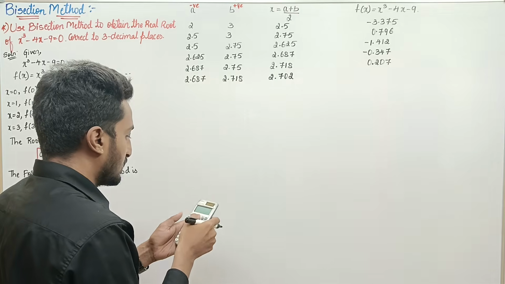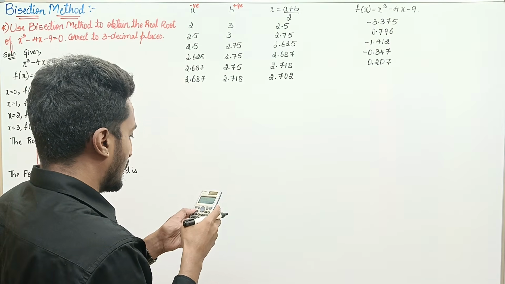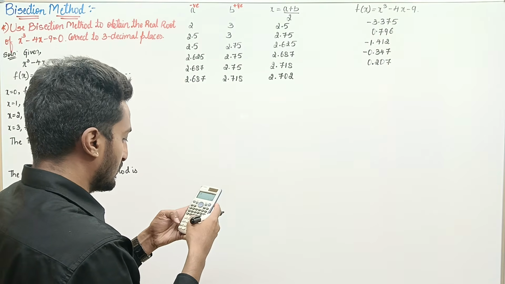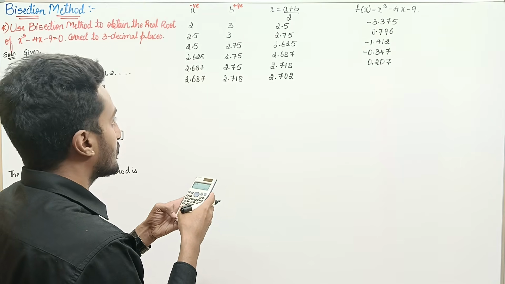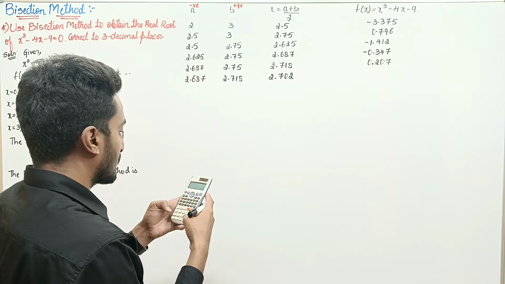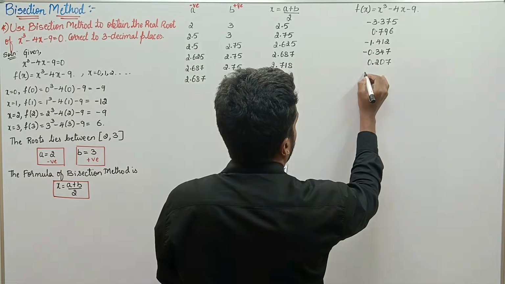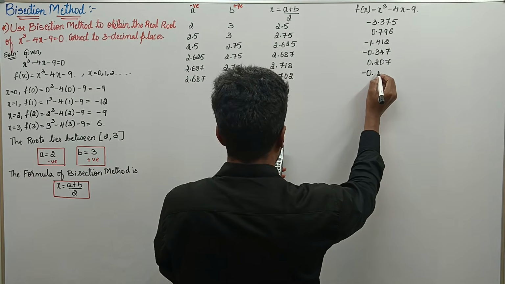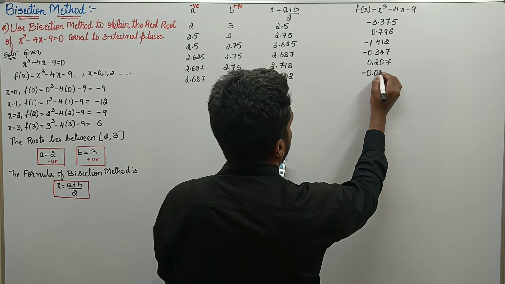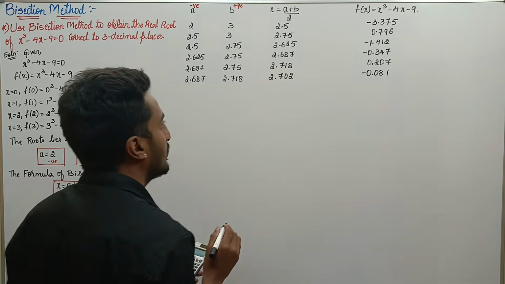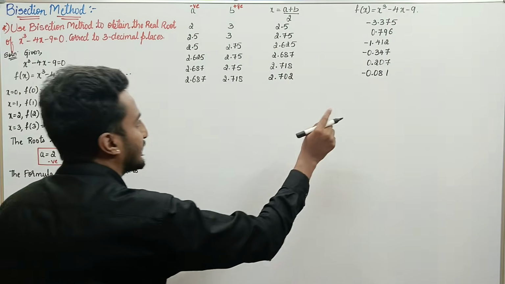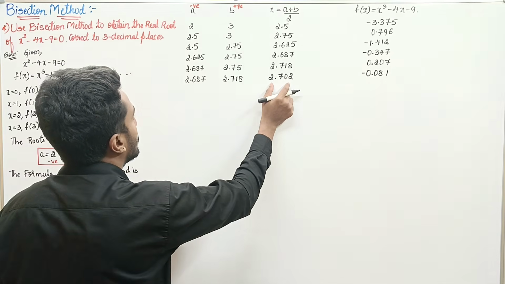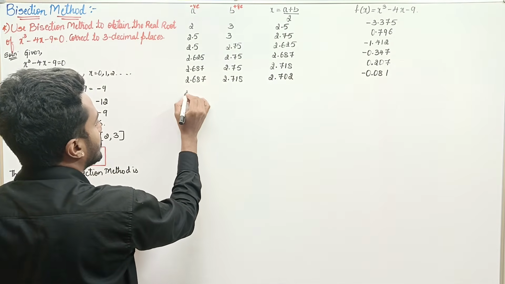Done. Now function value. Calc 2.702, you get minus 0.081. Done. Now next, since it is negative, 2.702 will be replaced in the negative place.